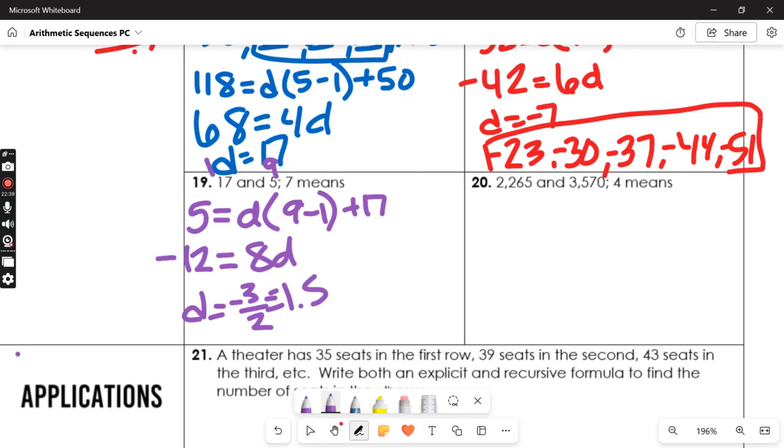Okay, so then I need to find those 7 numbers that are between them.